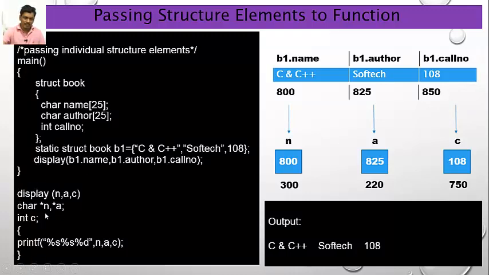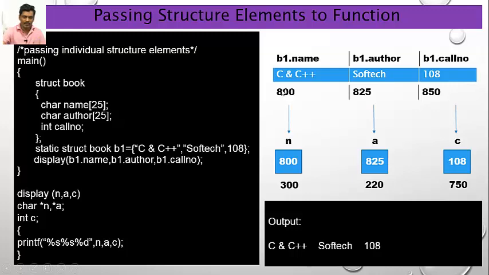This is the function definition. So we pass 3 arguments as actual arguments. In formal arguments, n comma a comma c. This is the formal argument list. So b1.name is a character array. b1.name will give the base address of that array, that is the starting address of that array, that is 800.